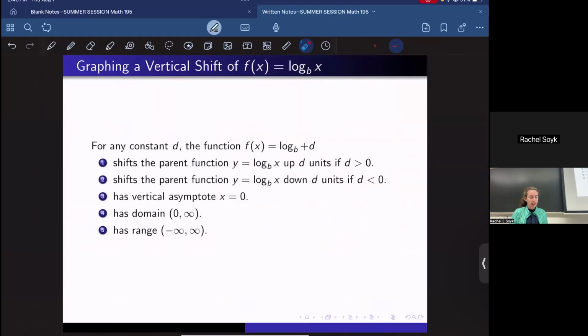So when you're looking at your vertical shift, again, it's that plus constant number at the end of your function. That's going to tell you how many units you're moving your function up or down. And again, this is saying that your vertical asymptote is going to stay the same. It's not changing. And your domain and range are also staying the same.